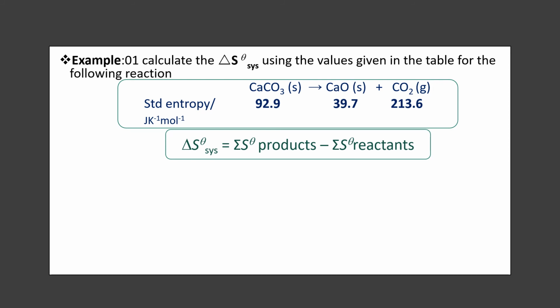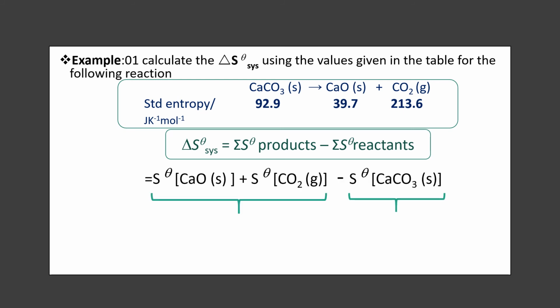Delta S system is equal to the sum of the entropies of products minus that of the reactants. Simply substitute to the formula the products value and the reactants value. As you can see, we have 2 products, so you will need 2 values to be substituted and just 1 reactant. So you should have something similar to this expression that I've got.